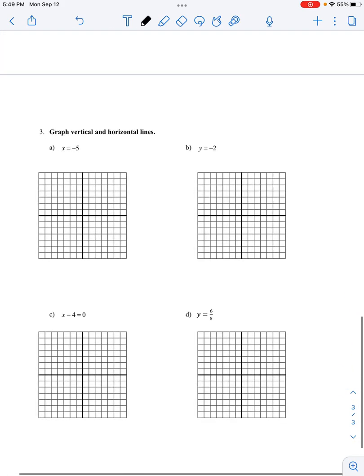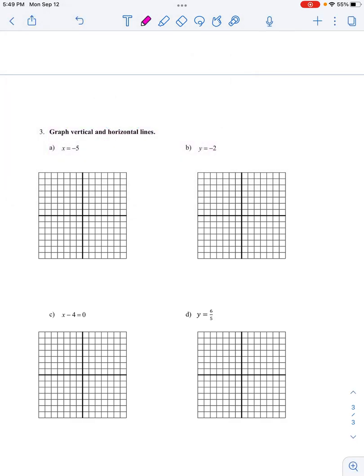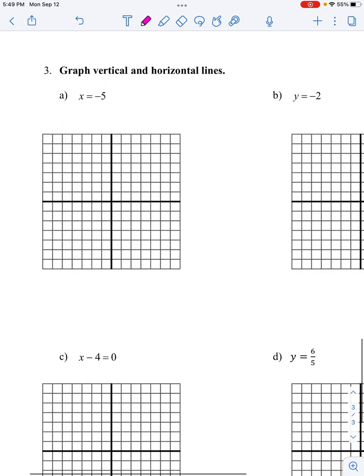All right, part 3, we're going to talk about graphing vertical and horizontal lines, okay? You guys will be pleased to know that this is probably simpler than first. So whenever there is an equation that just involves an x, if it's x equals something, this is going to be a vertical line.